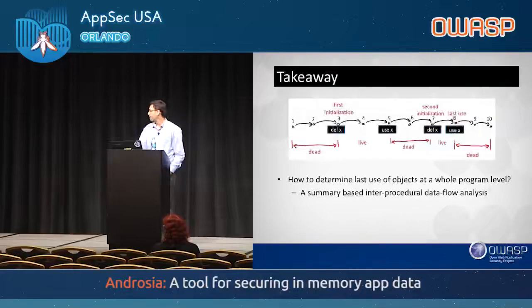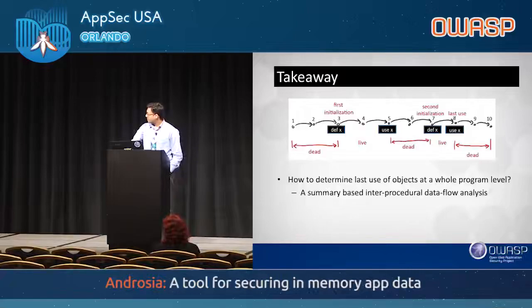The main takeaway, let me explain it with the help of this diagram. Let's just assume that 1 to 10 are the statements in your code. At number 3, you see that a variable x is being defined, and let's assume that x is being initialized with an object initialization. At statement 5, it is being used.